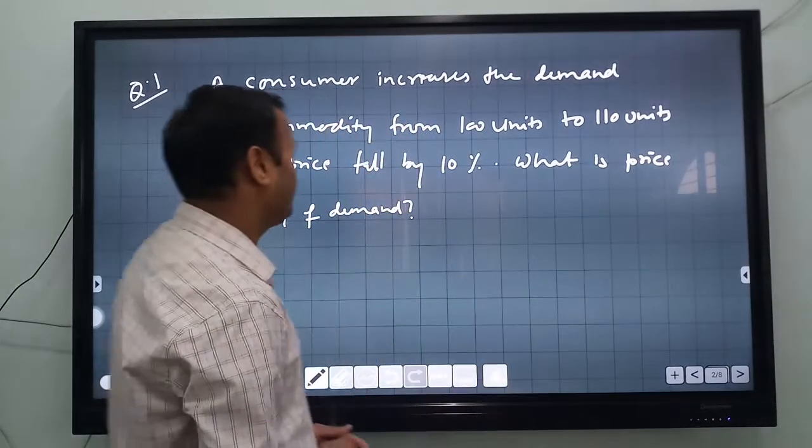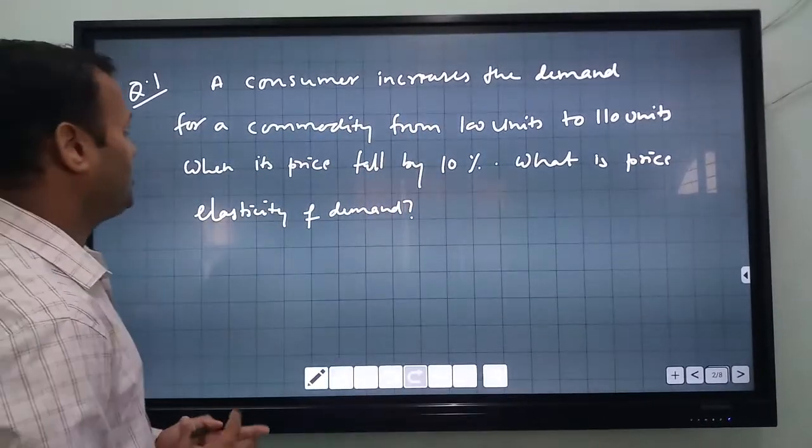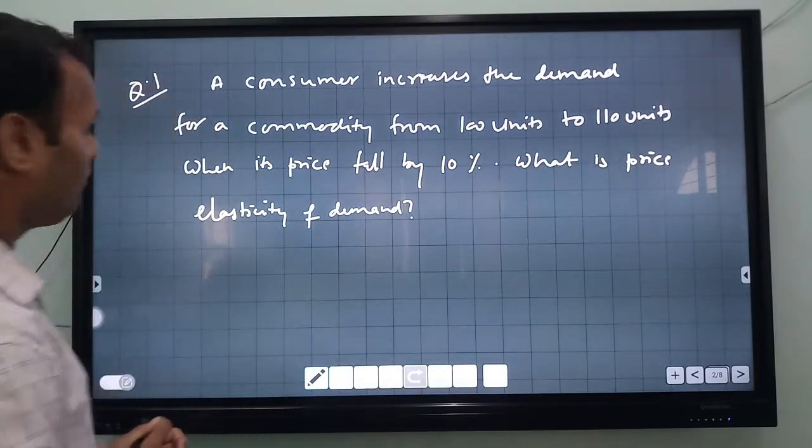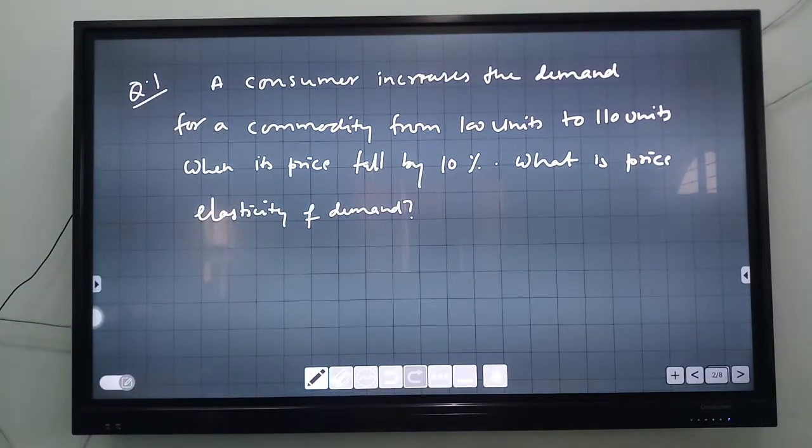Here is the first problem: a consumer increases the demand for a commodity from 100 units to 110 units when its price falls by 10%. We have to calculate the price elasticity of demand.